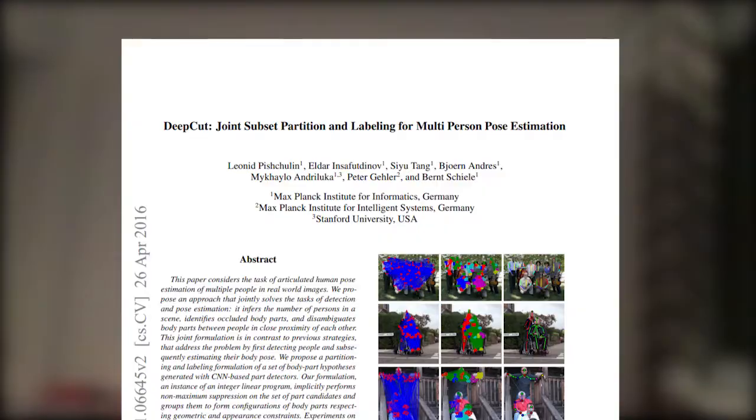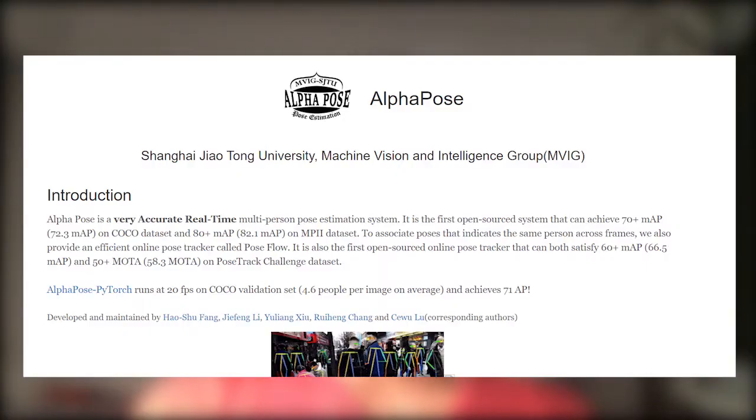So, not very efficient. There have also been many other attempts with architectures like Mask R-CNN, an architecture called DeepCut, another architecture called AlphaPose. However, they're all not super efficient, but efficiency is not the biggest problem here.